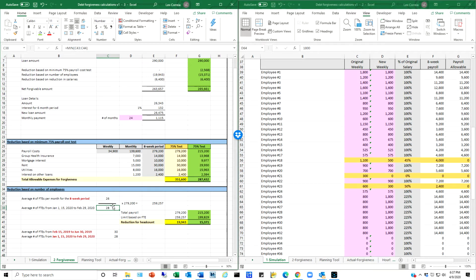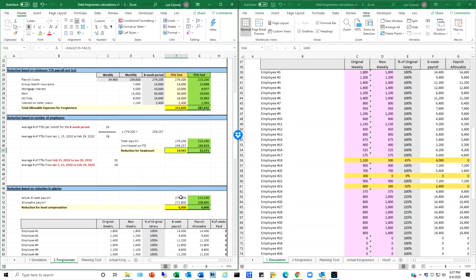I've just changed the rate of pay for somebody. So I haven't changed the ratio, but I've increased what I'm multiplying it by. So the payroll has gone from $215,000 to $279,000. So now when I apply that ratio, it makes a bigger negative that I have to subtract out of it.